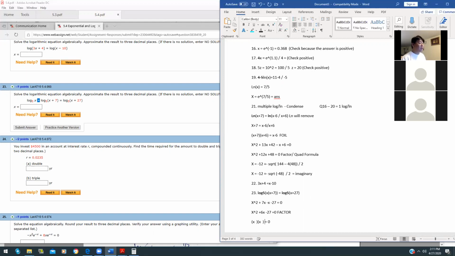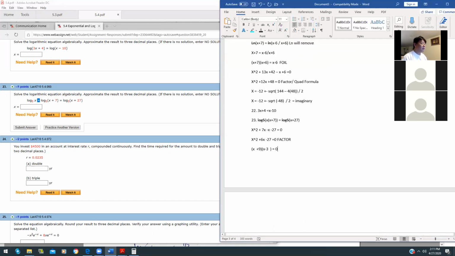So it's going to be a positive 9 and a negative 3. Negative 3 times 9 gives negative 27, and positive 9 plus negative 3 gives us 6. So x in this case, if you solve it, x is negative 9, and x in this case is positive 3, right?